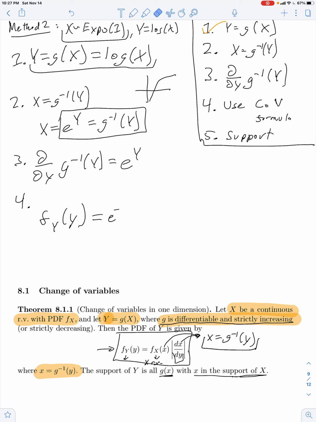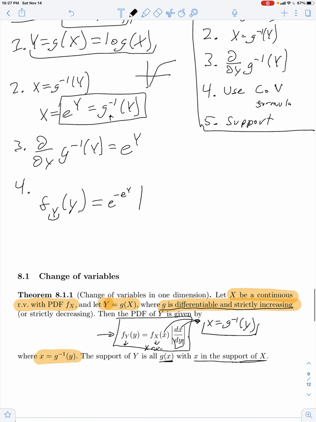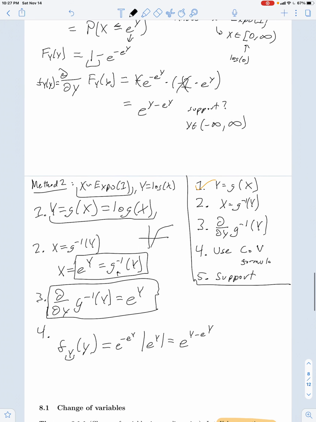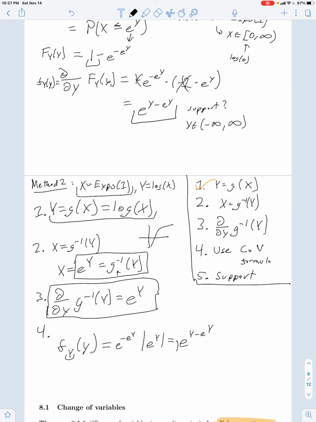So instead of writing down x, I'm writing down whatever g inverse of y is, which is e to the y, because I want everything to be in terms of y at the end here. And then I also need the absolute value of the derivative of x with respect to y, but I've already written that down, so that's just e to the y. Because e to the anything is positive, I can just drop this absolute value sign. And I'm right back where I started. Note that that's the same thing, so that's good.